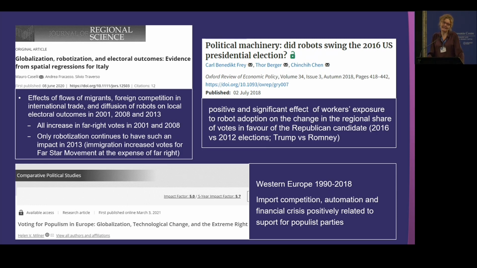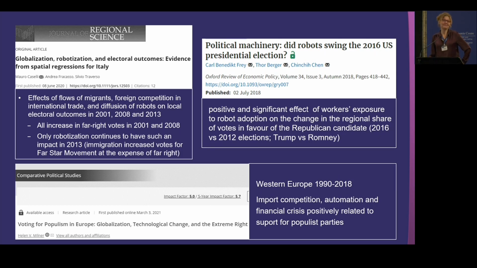And I think that's what others find. There are clear links between being exposed to globalization and technological change and voting for the radical right. Migration, of course, also contributes to this, but apart from migration, this also seems to be the case.